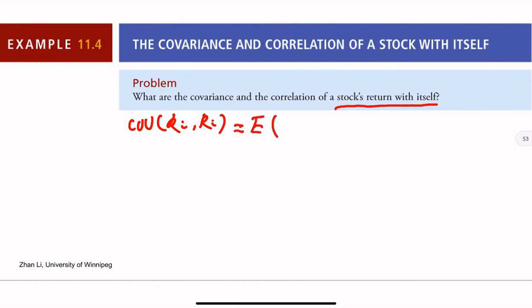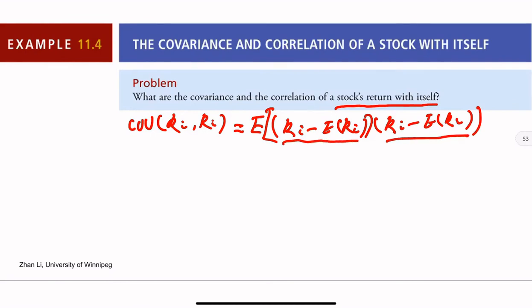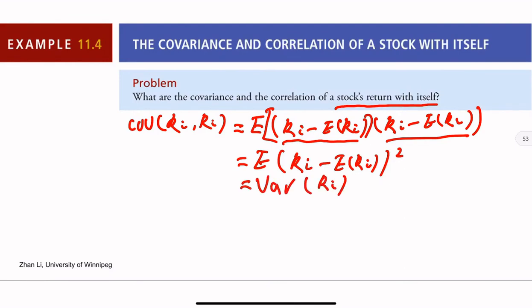It's the expectation of Ri minus E[Ri] times Ri minus E[Ri], right? So you can see that these two terms are the same, which means you have the expectation of Ri minus E[Ri], squared. And this is exactly the definition of variance, right? So basically the covariance of a stock's return with itself is this stock's variance.